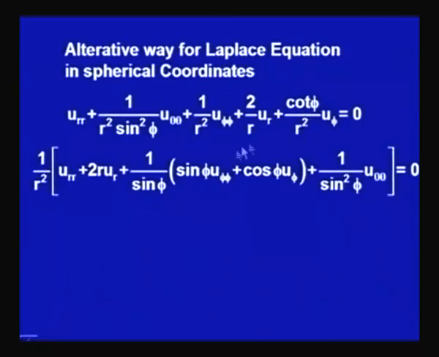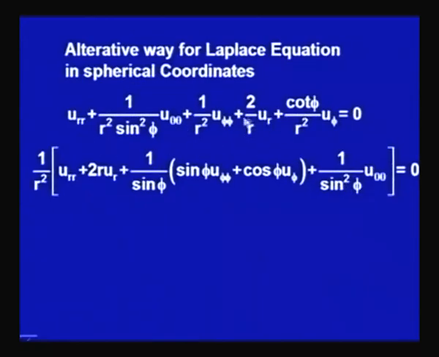So, again 1 upon sin phi from these two terms I would take out. If I take this out, this should be 1 upon sin square phi. Well, so we would be getting sin phi u phi phi plus cos phi u phi plus 1 upon sin square phi u theta theta, that is this term is as such.